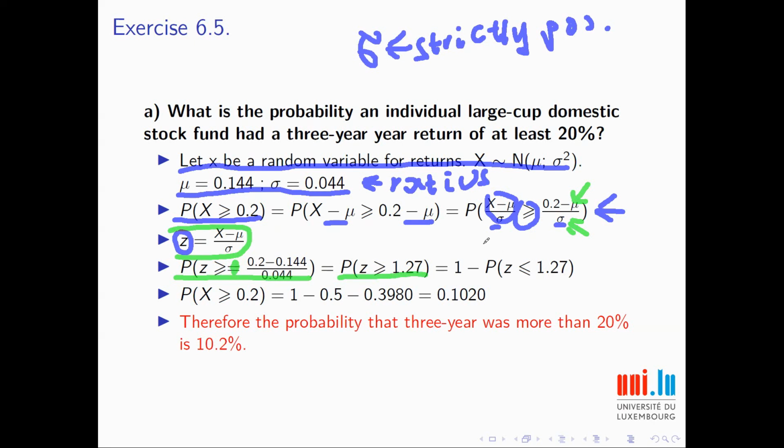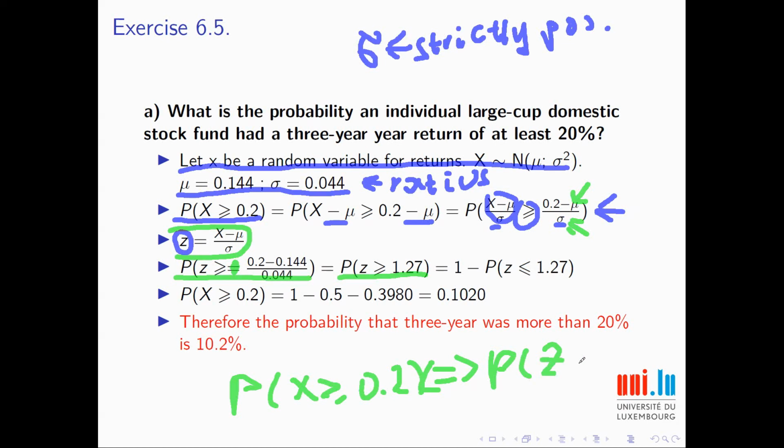So in this case, we see that the probability that our original random variable is more than 0.2 is equivalent to the probability that our standardized normal variable is more than 1.27.